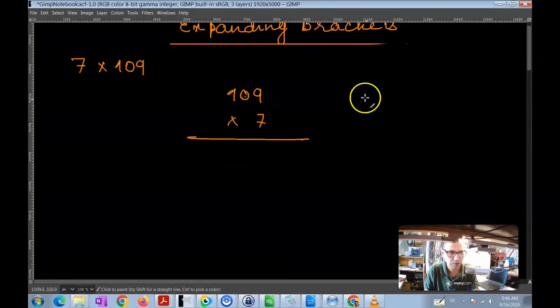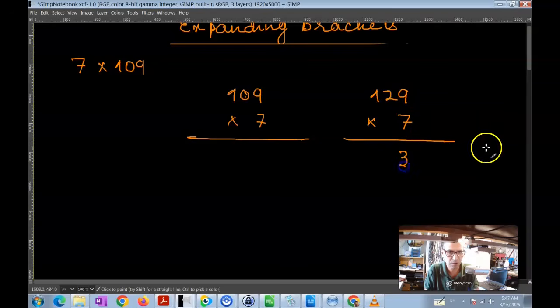So normally if it is for example 129 times 7, if I substituted this 0 with a 2, then if I want to do the calculation, 7 times 9 is equal to 63, so I put the 3 over here and the 6 over here, and then 7 times 2 is equal to 14. 14 plus 6 is equal to 20.